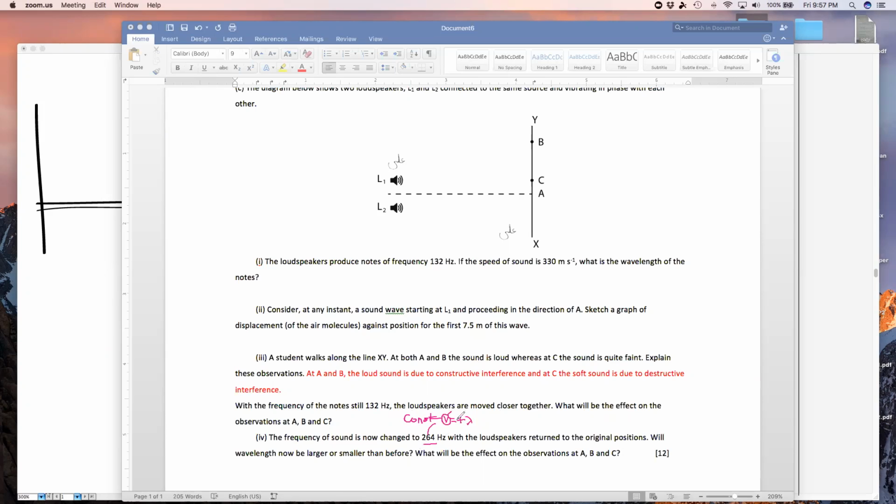So whenever you increase the frequency, what happens to the wavelength to keep the product the same? The wavelength must decrease.